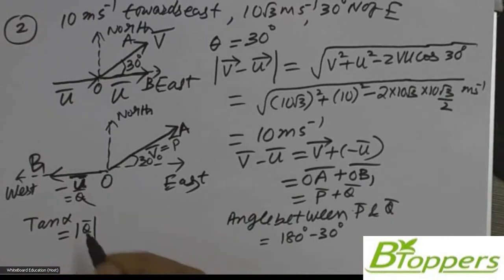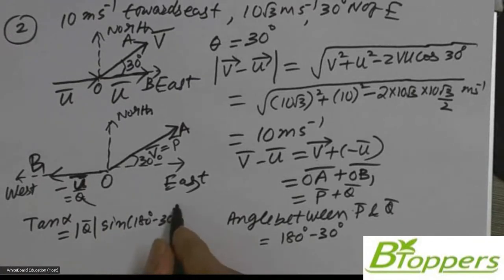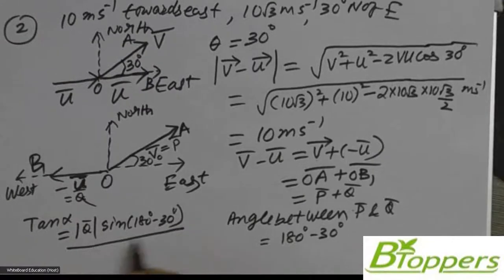mod of Q bar into sin 180 minus 30 degrees, by mod of P bar plus mod of Q bar into cos 180 degrees minus 30 degrees.